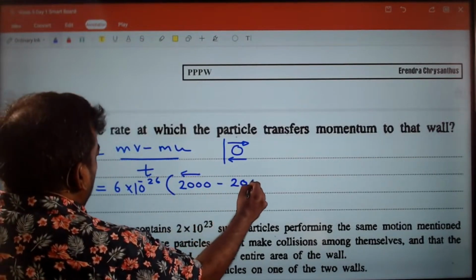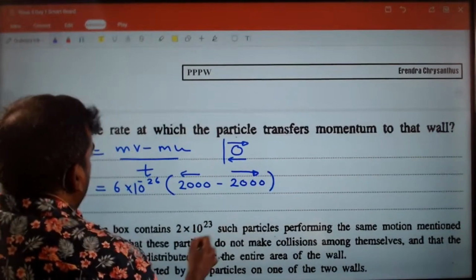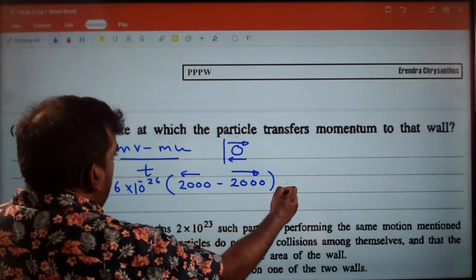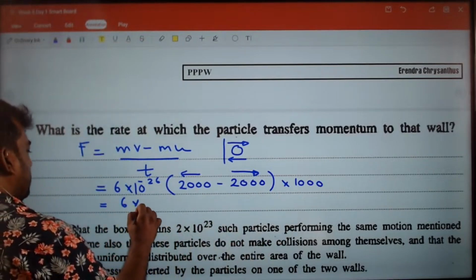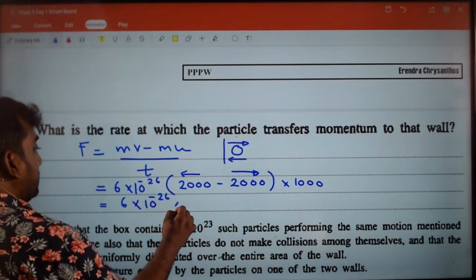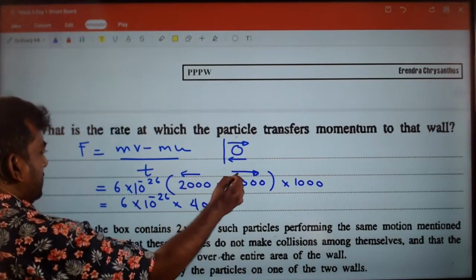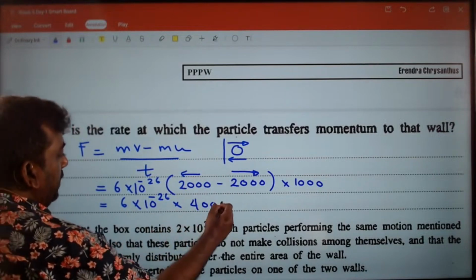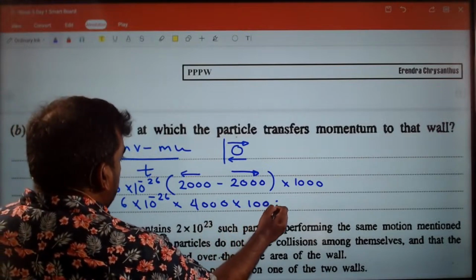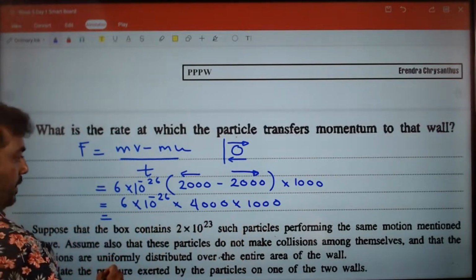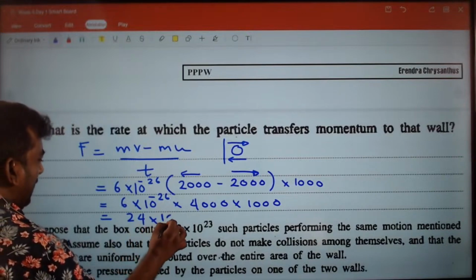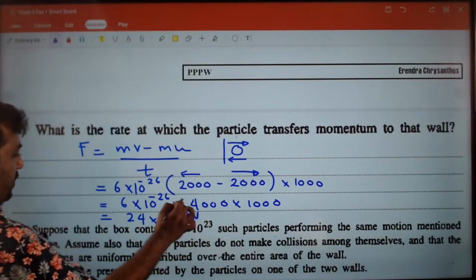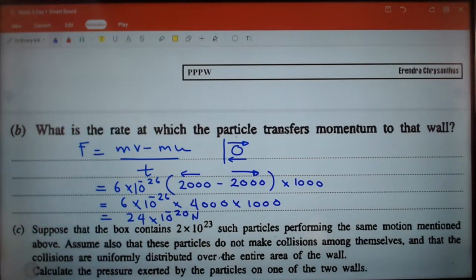Initial in the opposite direction. 1 over t is going to be 1000. 6 × 10^-26. Change directions, both in the same direction. 4000 times 1000. 24 × 10^-20 Newton.